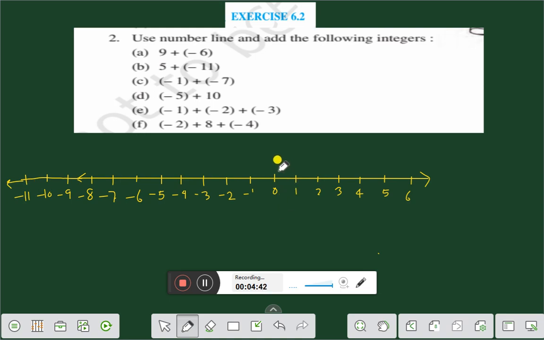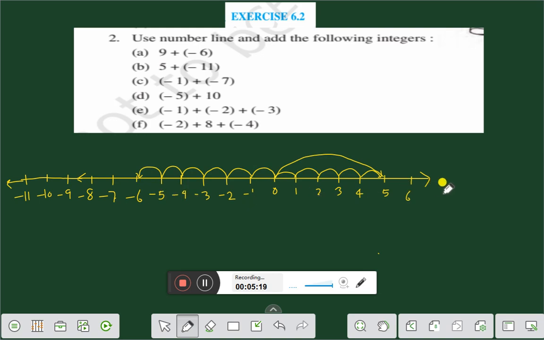Now you see 5 plus -11. First you take 5, that is from 0 you will get here, that is 5. Plus -11 means in the left direction if you count 11, that is from here 1, 2, 3, 4, 5, 6, 7, 8, 9, 10, 11.